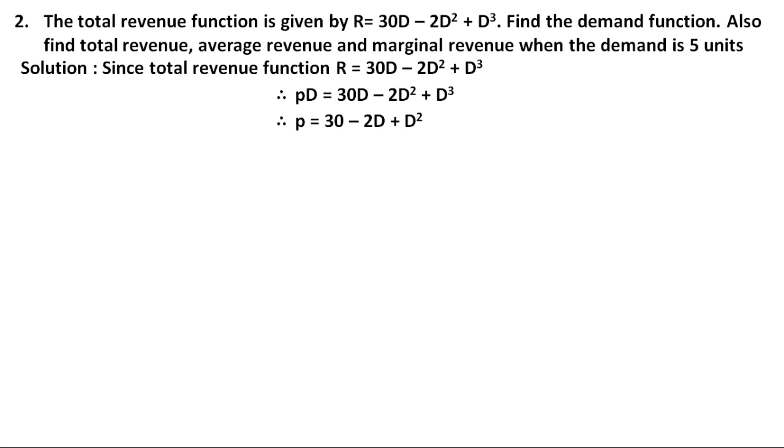This is your demand function. Therefore, the demand function is P is equal to 30 minus 2D plus D square.